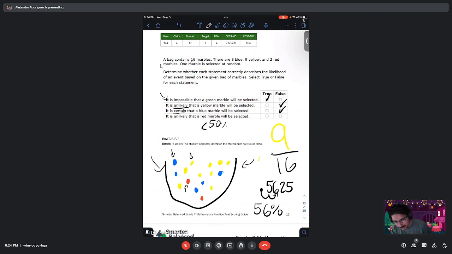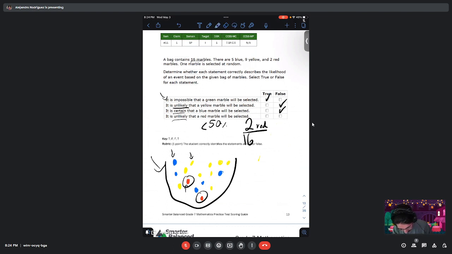And then the last one is, it is unlikely that a red marble will be selected. Again, how many red marbles do we have? We have 2 red marbles. And how many total marbles do we have in the bag? We have 16 total marbles. So our chances of getting a red marble is 2 out of 16.